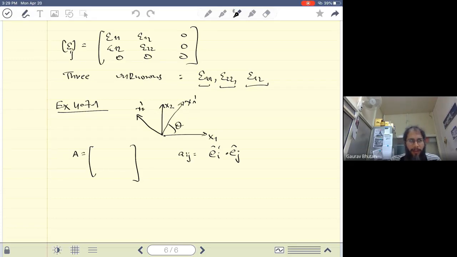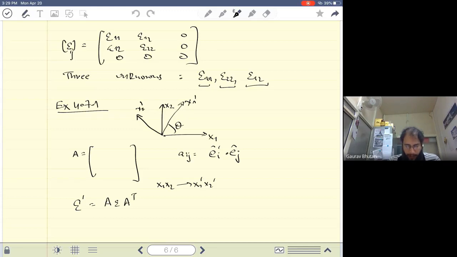So you can find the transformation matrix A for going from x1, x2 to x1 prime, x2 prime. When you do that, you can relate epsilon prime with epsilon, because epsilon prime is equal to A epsilon A transpose.